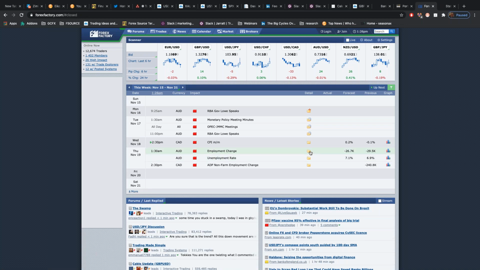Employment is expected to be -26. If that's positive, like +45, +50, and the unemployment rate is 6.9, then that's going to be positive for the Australian dollar, and we'd expect to see more Aussie US dollar upside.